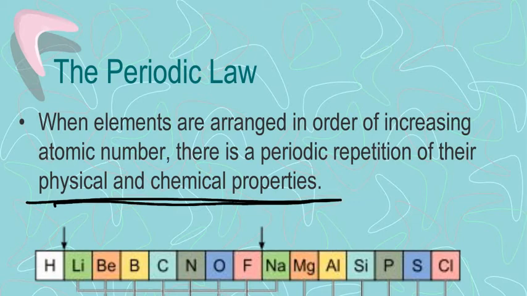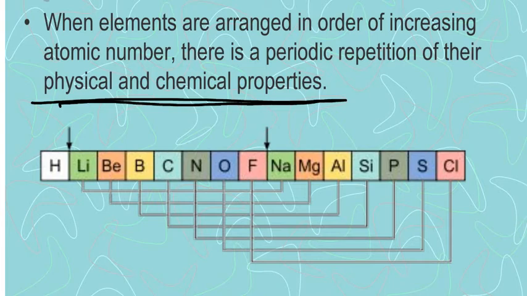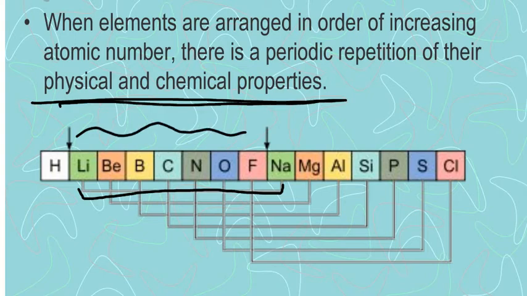So, if you look at the example I have below, you see that the properties of lithium repeat with sodium. They're both metals, and they both mark the beginning of their horizontal row. All of these elements here are in period 2. All of these elements here are in period 3. And the patterns repeat themselves.